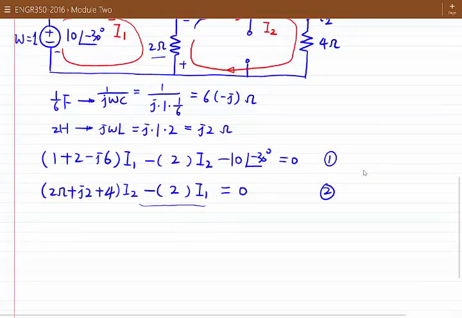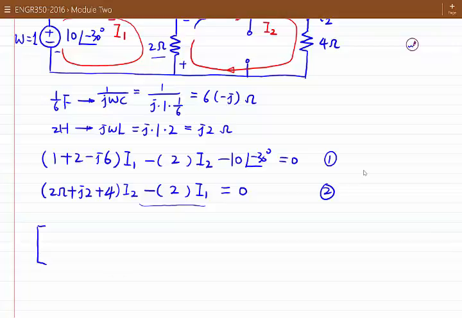Okay, so let's manipulate these two equations into matrix form. So here we have 3 minus j6, and here we have minus 2, so we have I1 and I2. So it is equal to, we move minus 10 angle minus 30 degree to the right hand side.